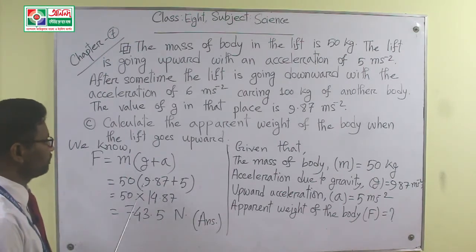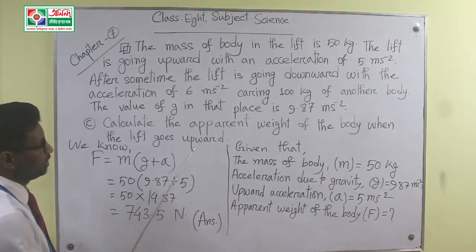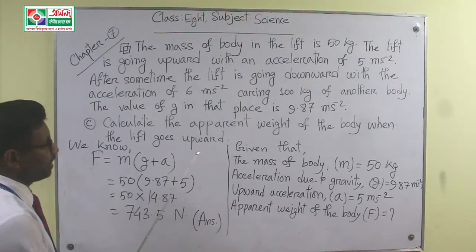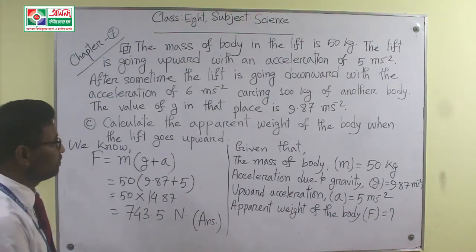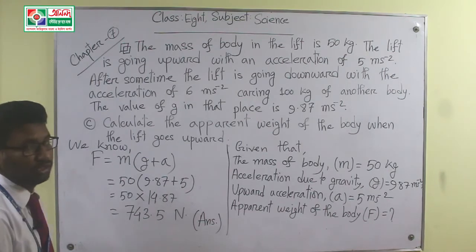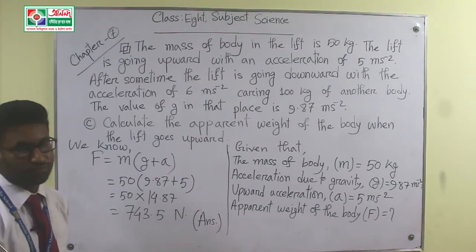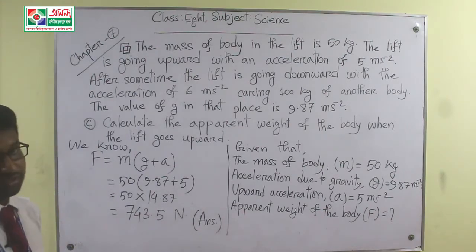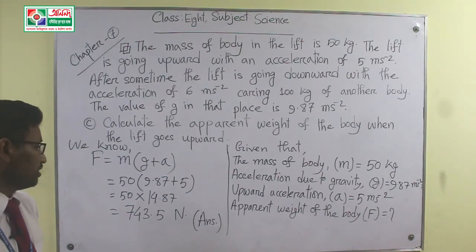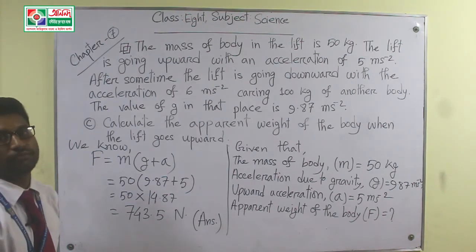This is the result of the apparent weight of the body when the lift is going upward. This is the main result: 743.5 Newton.